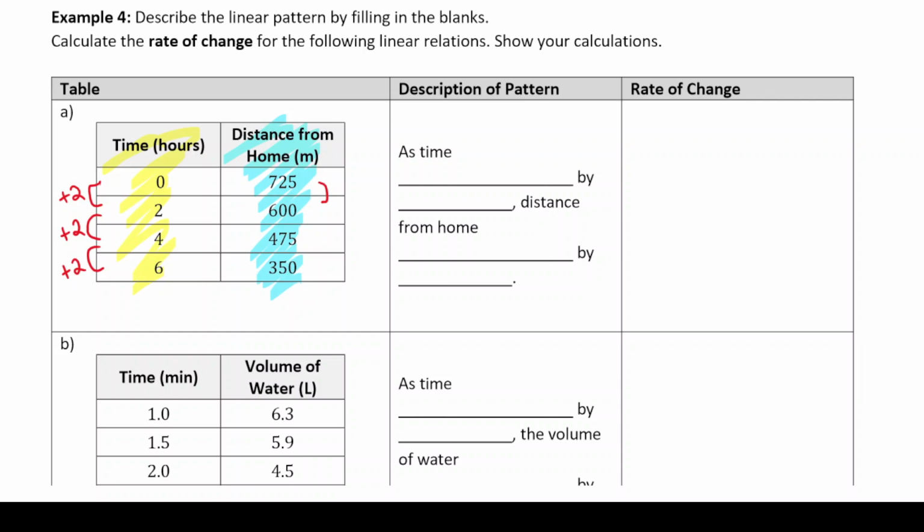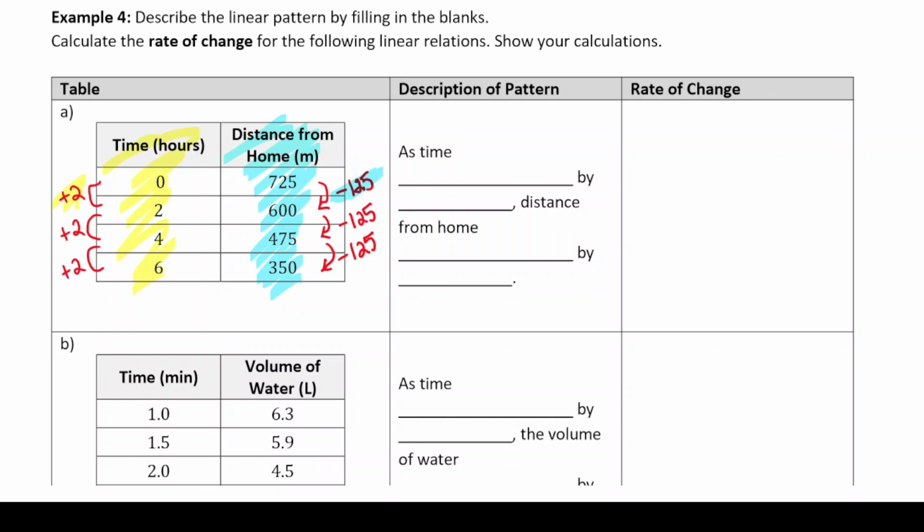And my distance from home is actually decreasing. If I subtract these numbers, I get negative 125. It's going down by 125. So that's the change in the y value, and 2 is the change in the x value.